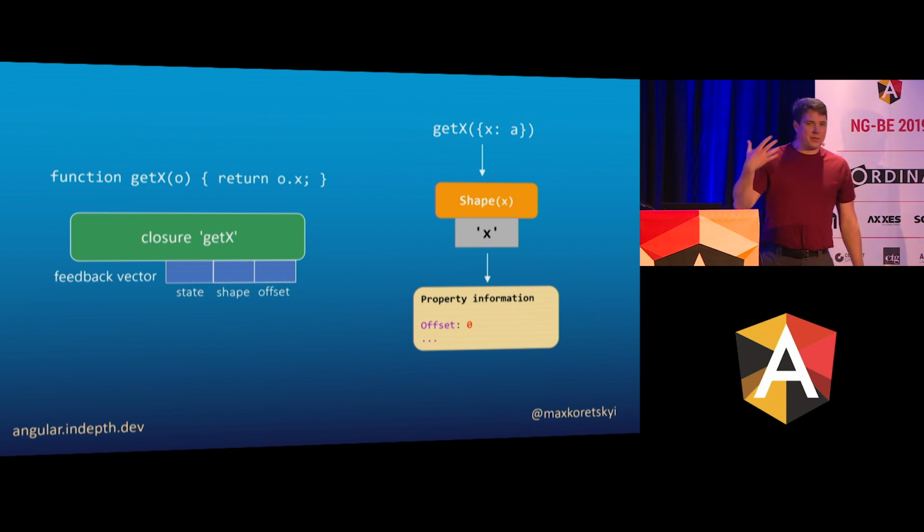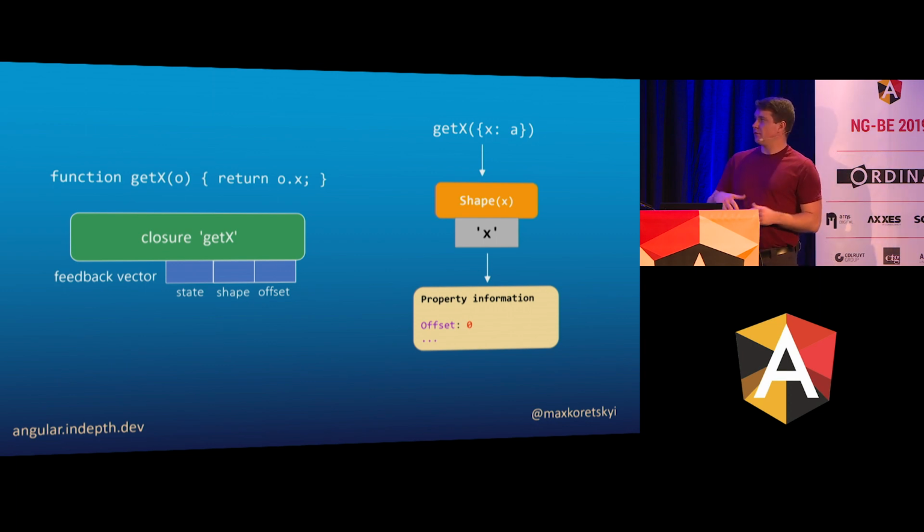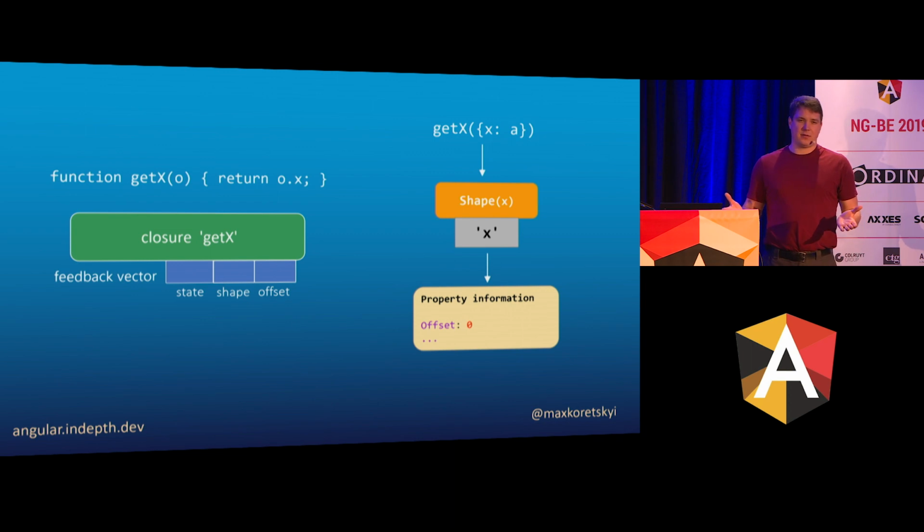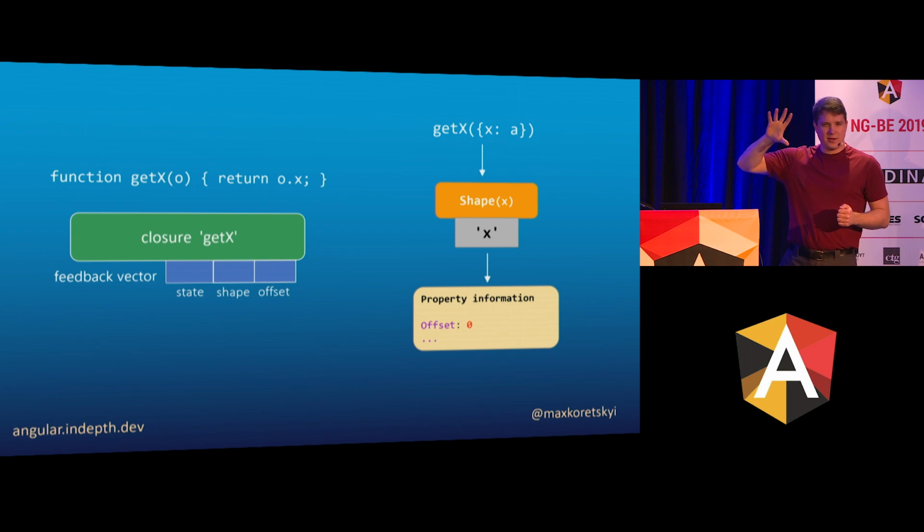It goes through a complicated process with a lot of steps to figure out the shape. I don't have time to talk about shapes, but basically it's just metadata. It's the object that describes your JavaScript object, which properties it has, like defineProperty.